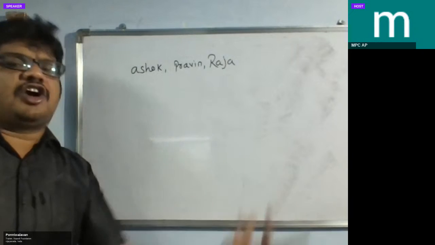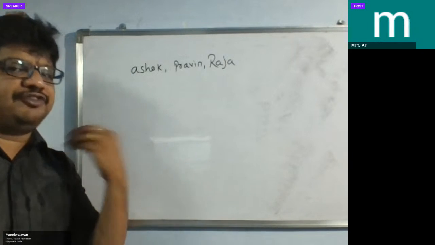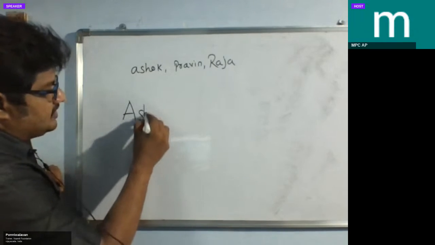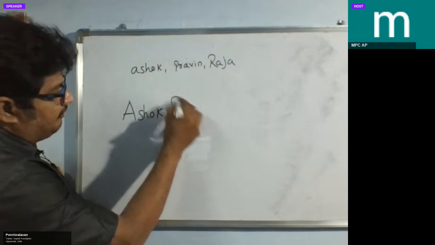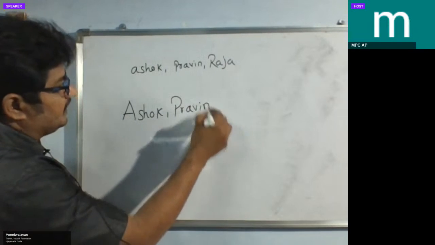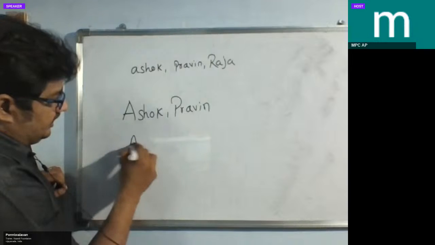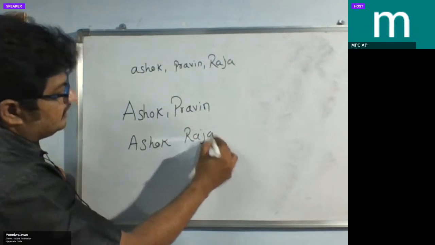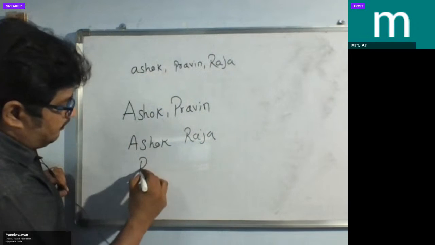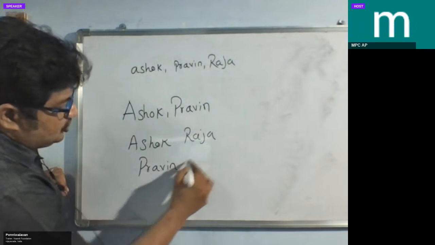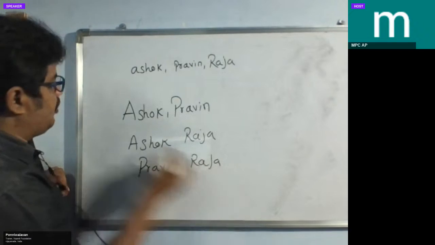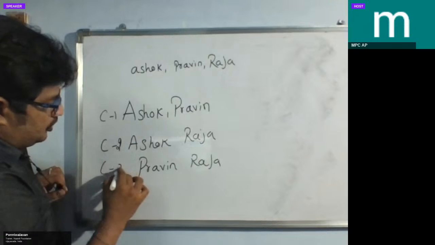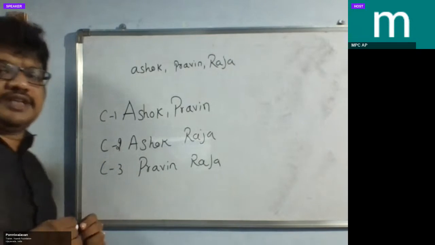How many different combinations can I get? Either I can select Ashok and Praveen, or Ashok and Raja, or Praveen and Raja. So how many combos can I get? This is combo 1, combo 2, combo 3. What are the combos I can get?